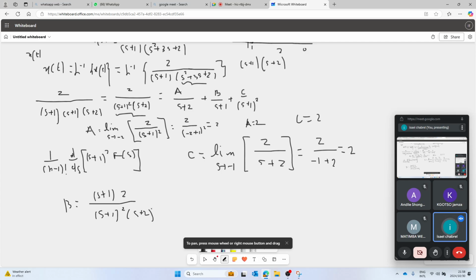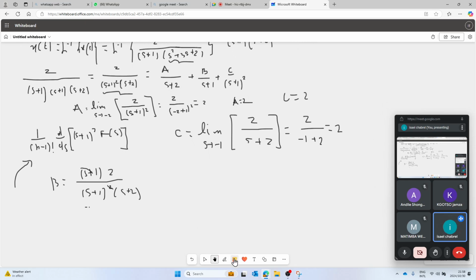But for B it won't work, because when you cancel this, you still have this, and if you substitute by minus 1, it still gives you 0 and cancels everything. Therefore we need to apply this formula. We use this formula when we have a repeated root, not when it is giving an error. I'm repeating myself.